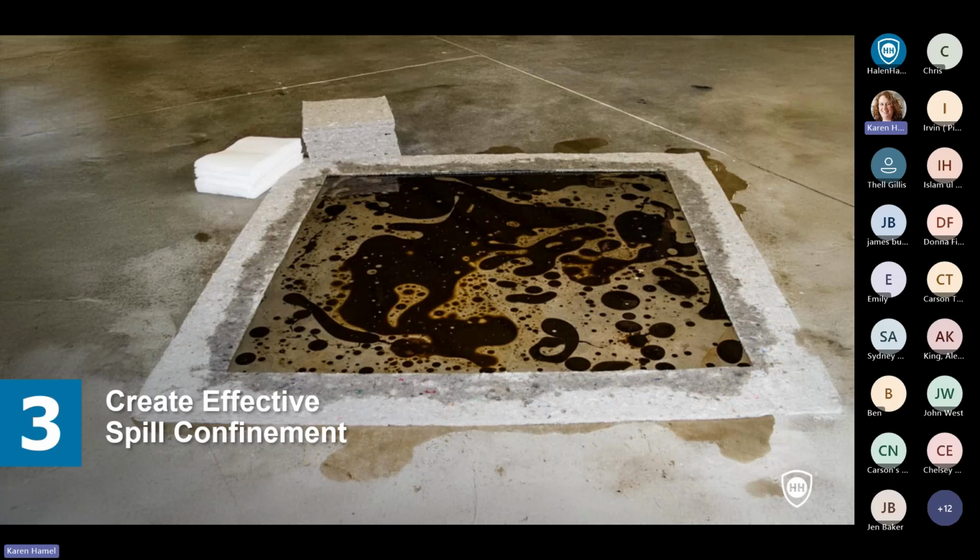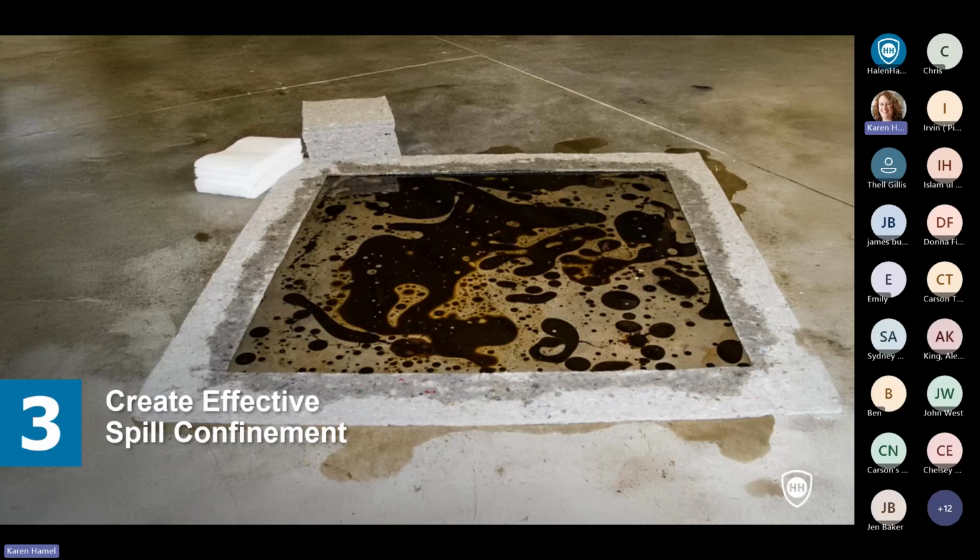So if you've got tanks or drums or equipment, whatever has leaked and caused a spill, what is the most effective way that you can keep that spill from getting to a drain, from getting into an environmentally sensitive area, from getting off of the pavement and into a waterway, whatever that scenario may be? Look for the areas where spills are most likely within your facility and look at your spill response plans. Do they address the ways that you are going to confine that spill and prevent it from spreading once it has been identified?